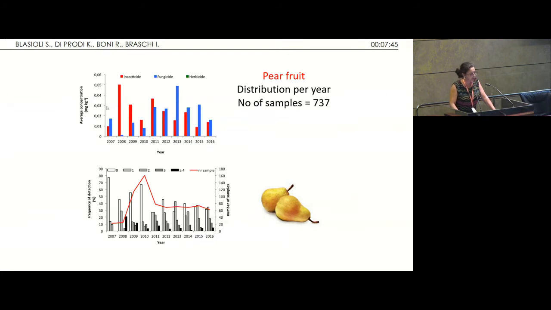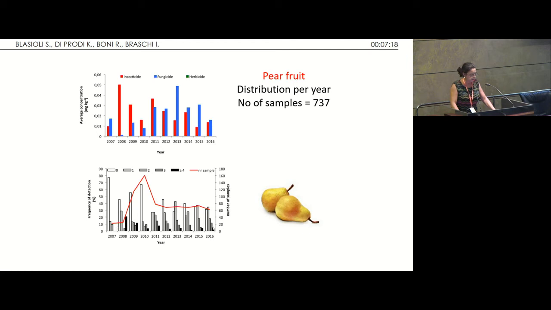Even in this case, we observe a decrease in the insecticide average concentration in the time lapse of 10 years and an increase of the fungicide. So we have two curves, okay, for insecticide and fungicide.